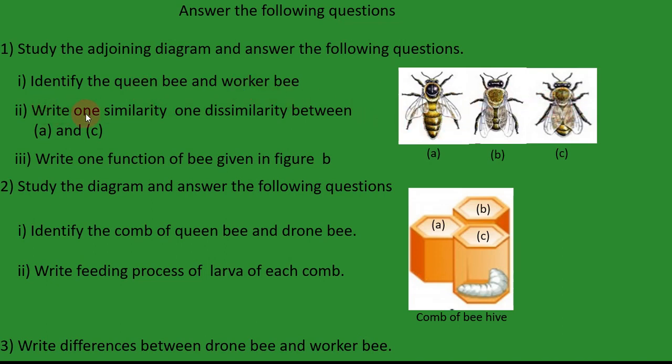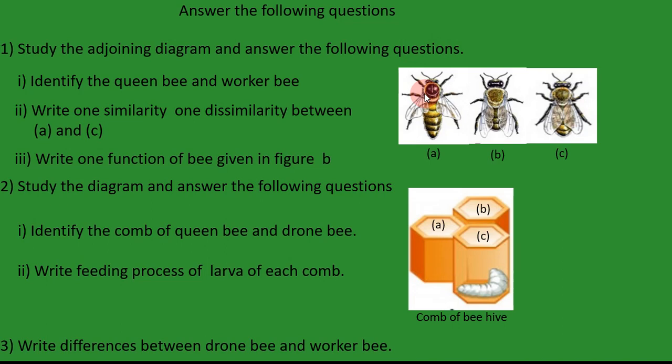Now we have to write one similarity. The similarity between the queen bee and the worker bee is that they are both female bees and they are both developed from a fertilized egg. And one dissimilarity: the queen bee is the biggest bee in the colony and the worker bee is the smallest bee in the colony, and that way you can write.